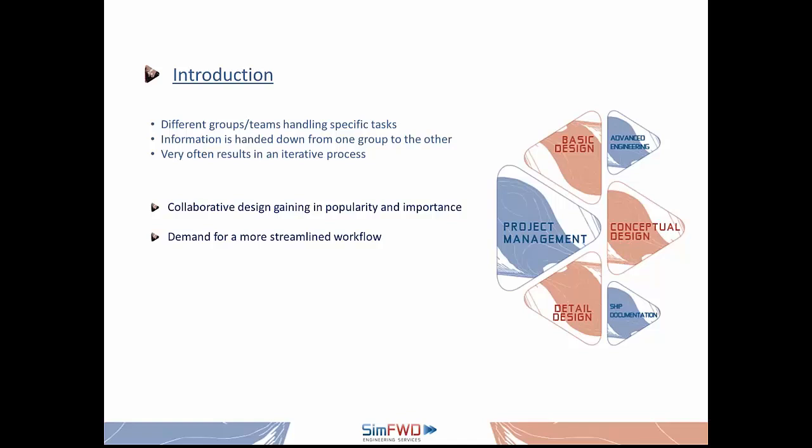This makes it necessary for information to be handed down from one group to another, and a natural cooperation is needed between teams. And it's very often, especially in the shipbuilding industry and in ship design projects, that results come after an iterative process, and you very often have to go back, redefine your product, and move forward to the next step.